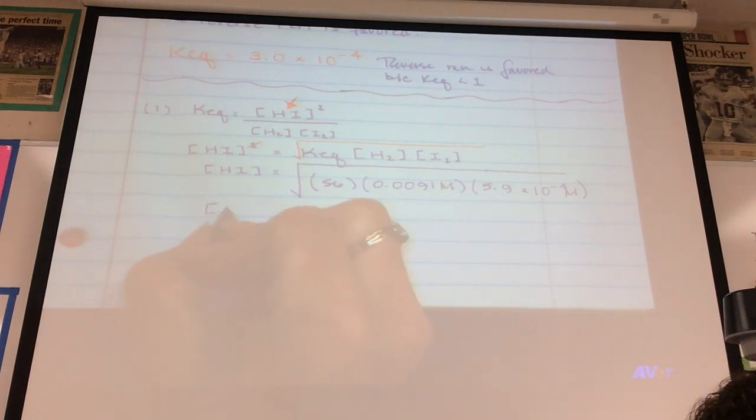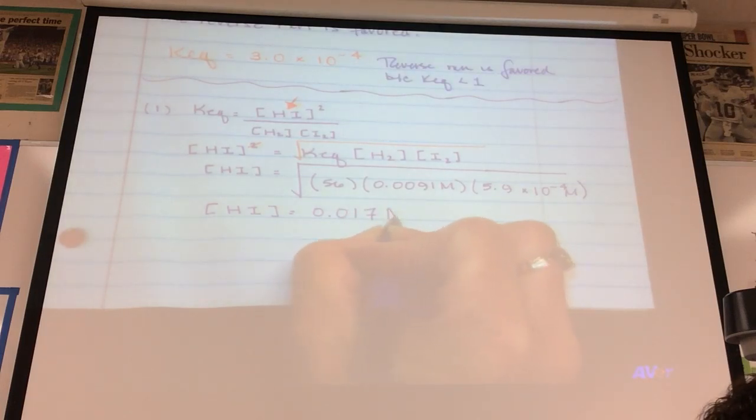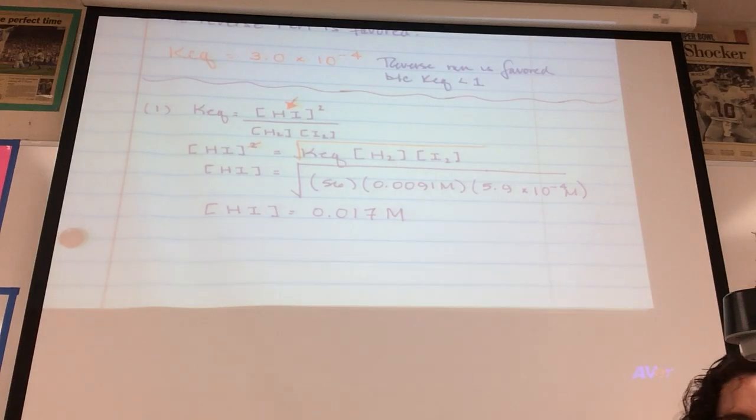And the concentration of hydrogen iodide is 0.017, capital M, molarity or molar for concentration.